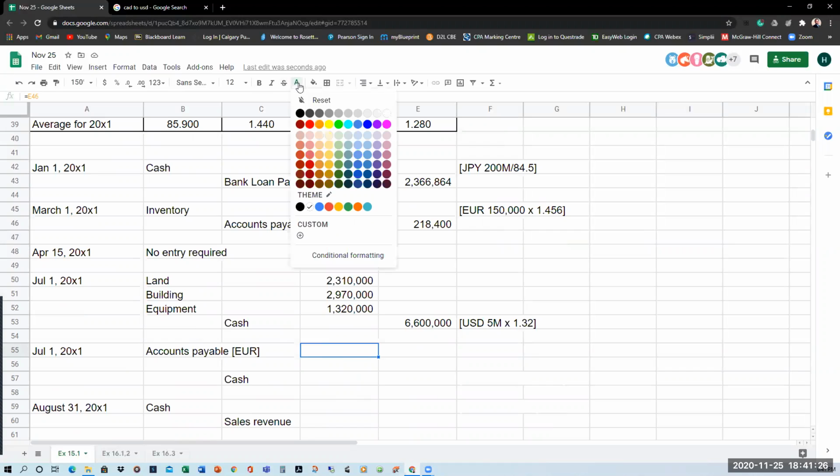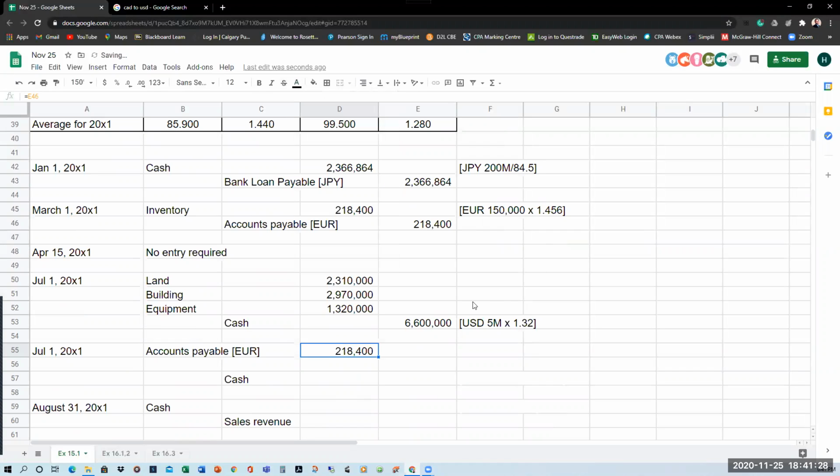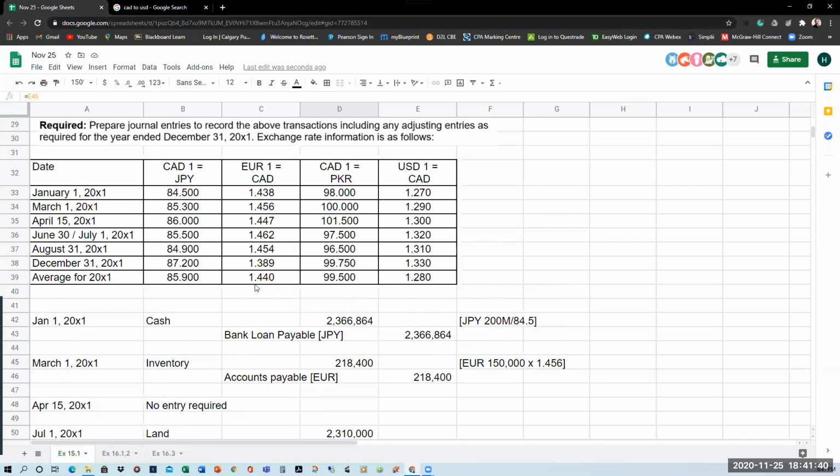So we need to make payment on these accounts payable. Now, when we pay, we are required to pay in euros, and the amount in euros is 150,000. We will need to purchase the euros, or maybe basically, we'll ask for the bank to make a wire transfer, but we need to get the equivalent euros.